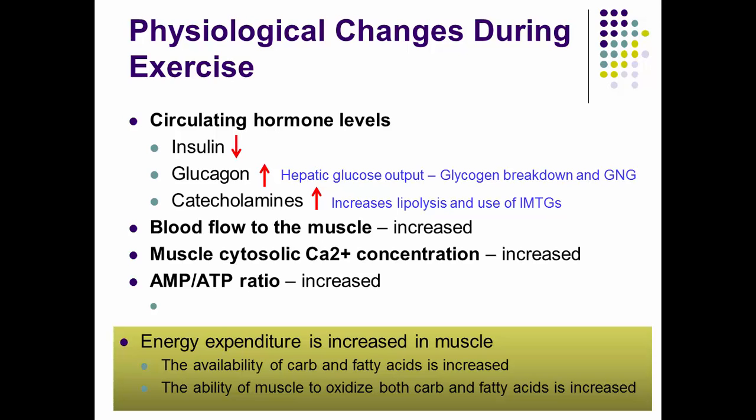Another important thing, remember, is that in skeletal muscle there are also triglycerides stored, right? And the catecholamine increase can also stimulate HSL in skeletal muscle and break down triglyceride in the skeletal muscle, right?